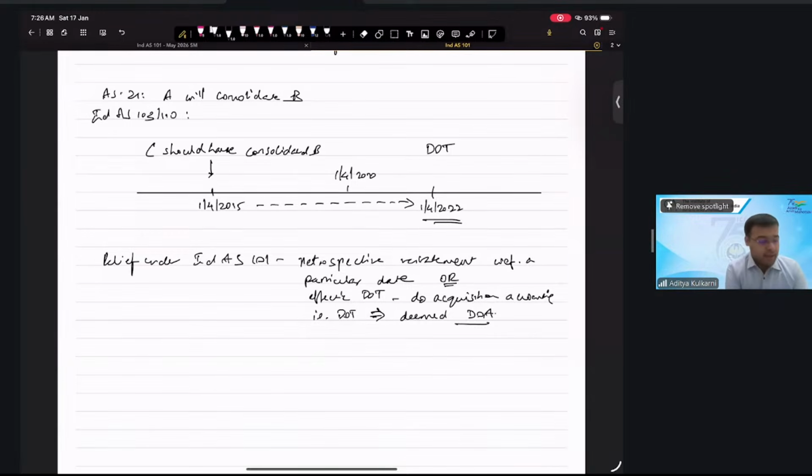Yes. Now, why have I given this option that you can pick a date and do a retrospective restatement? Why are you given that option?